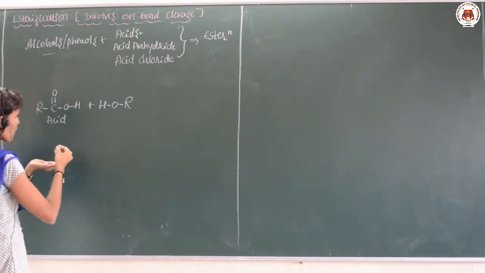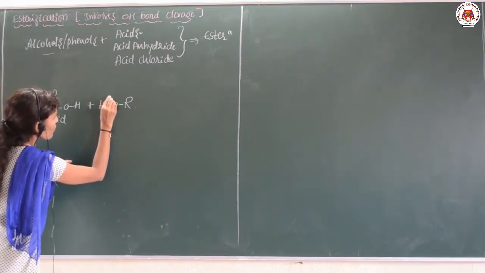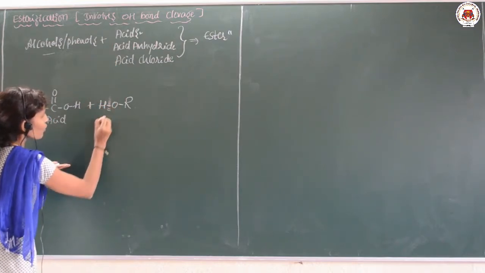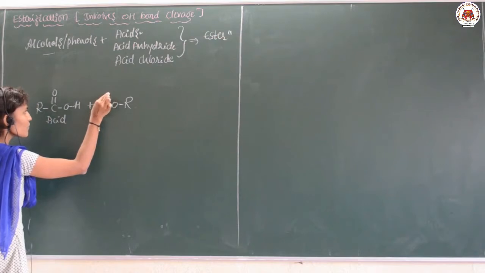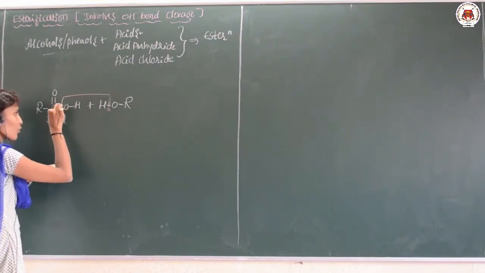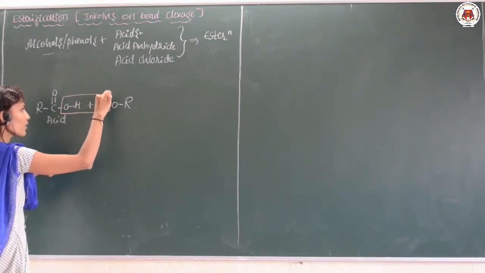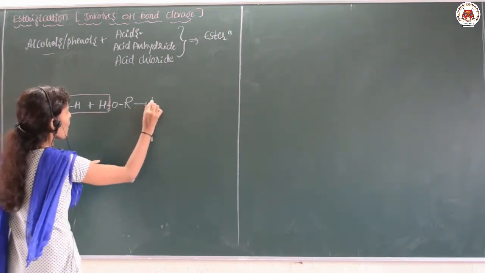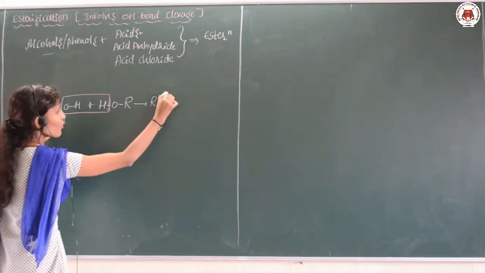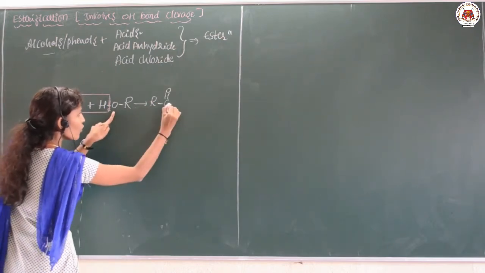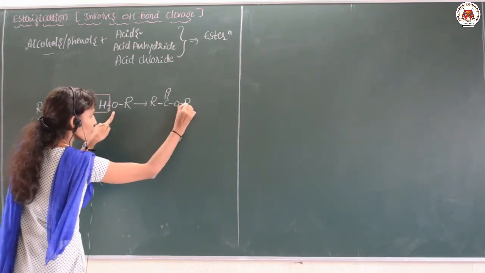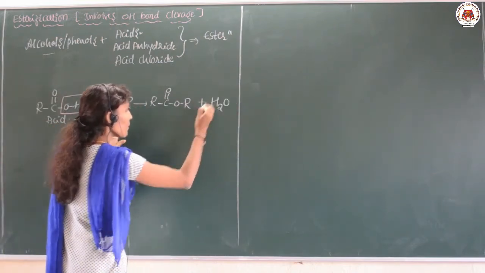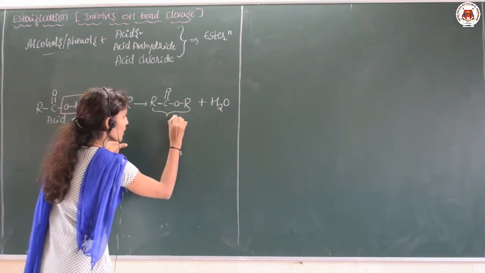Here the OH bond is broken so that the water molecule is removed. What remained? R, C double bond O and OR, plus H2O.